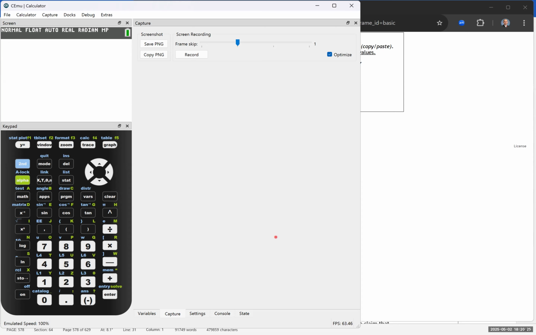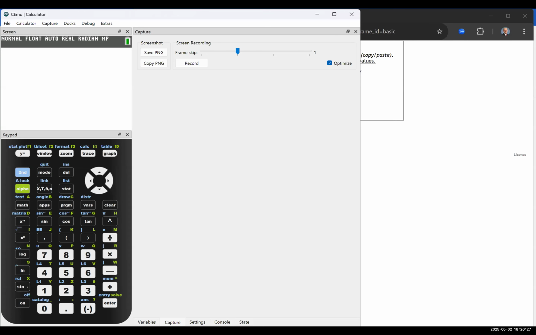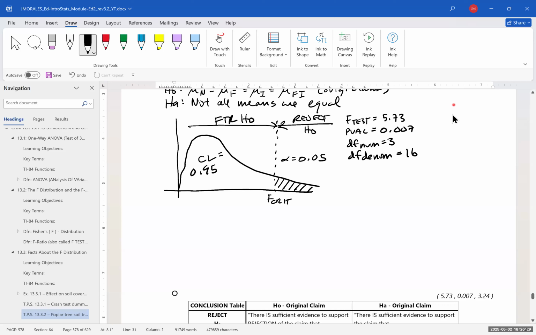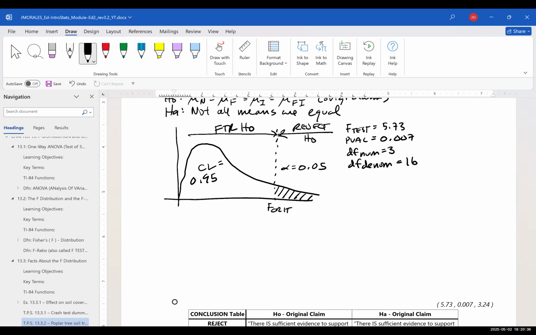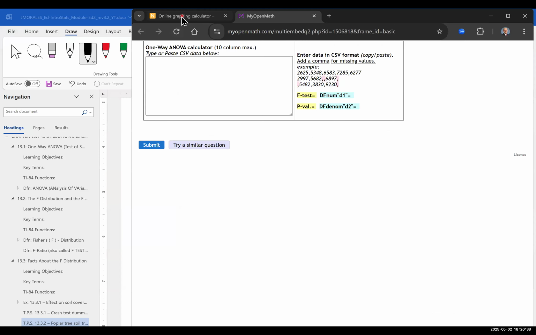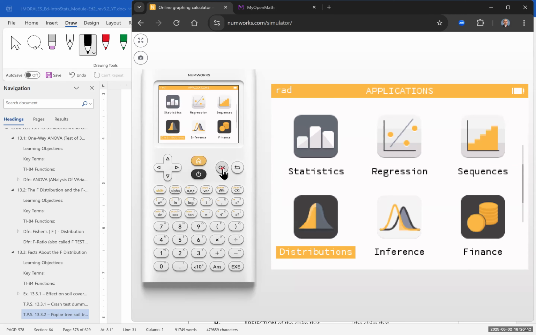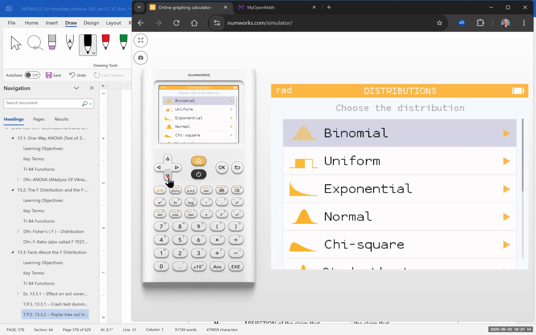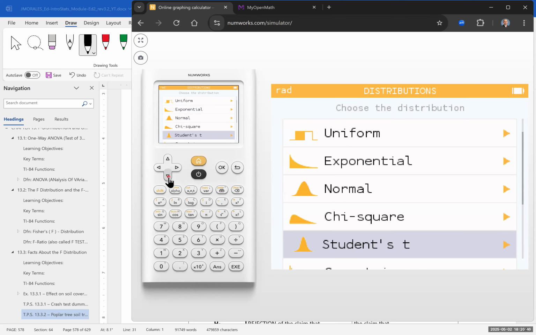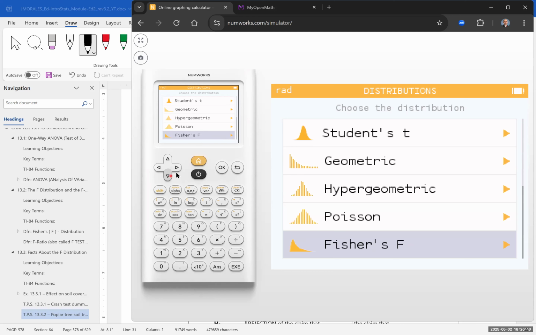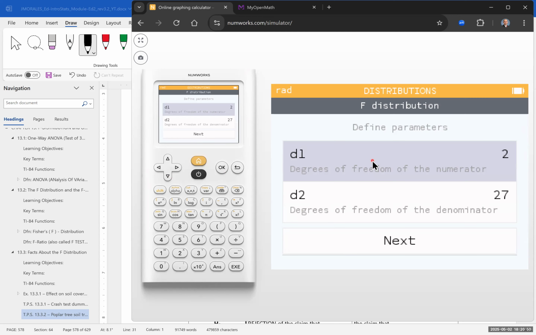Okay, so let's go back to what we got going here. Now we need our critical value. To get our critical value, we have to use an inverse function. So let's look at NumWorks first. We want to go to the distributions app, go to Fisher's F. Degrees of freedom of the numerator is 3.